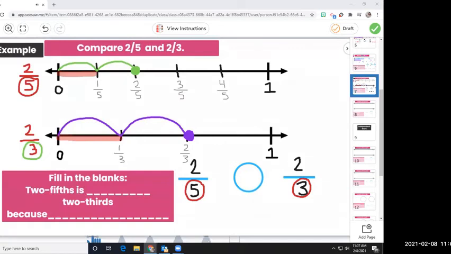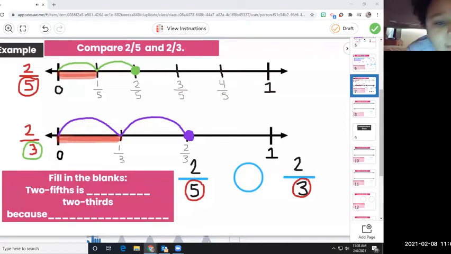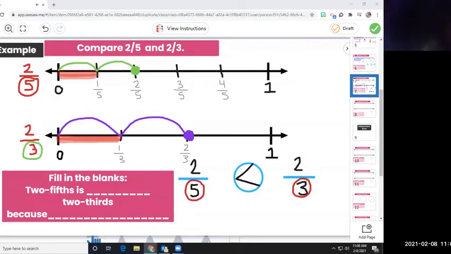So even though 3 is less than 5, a third is a much bigger part than a fifth. This tells me that 2/3 is greater than 2/5. So let's look at our comparison. 2/5 is less than 2/3.